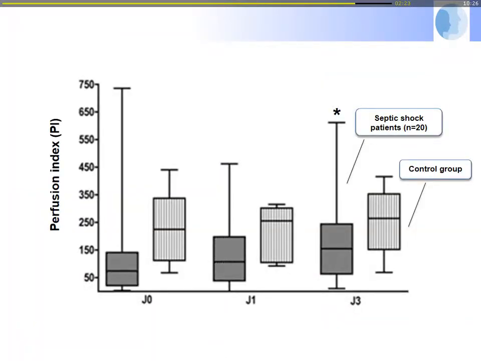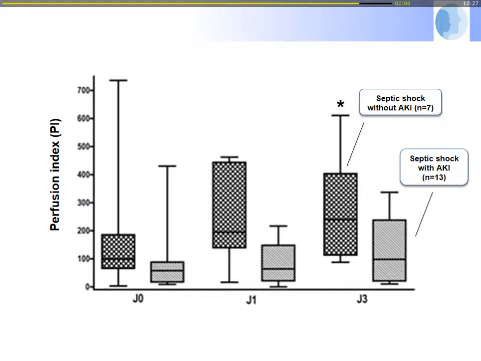And just to finish with this result, you can see that clearly there is a high heterogeneity between the patients. There is clearly a decrease of the perfusion index at the level of the kidney versus the control group. And there is clearly a difference between patients with acute kidney injury and patients without acute kidney injury.